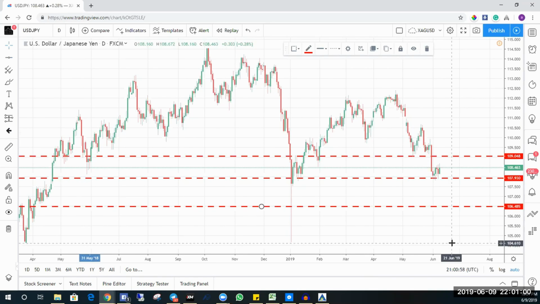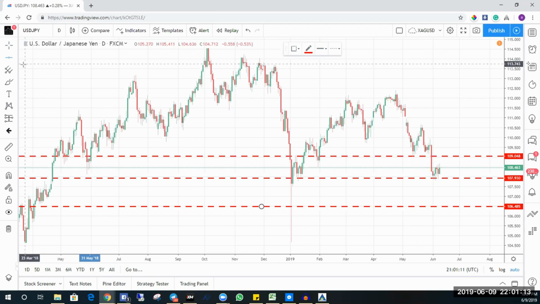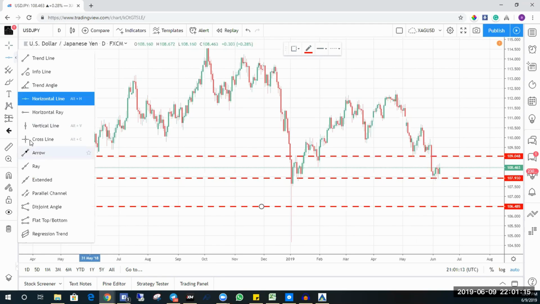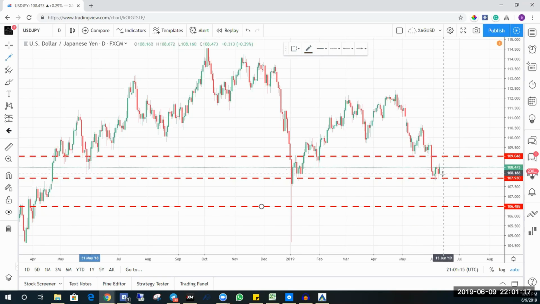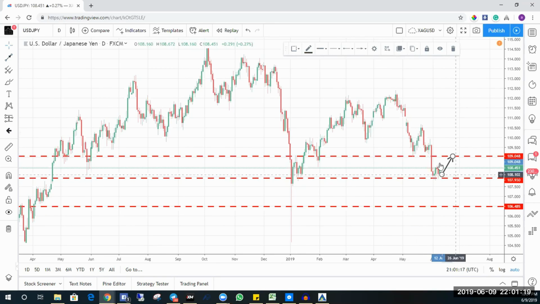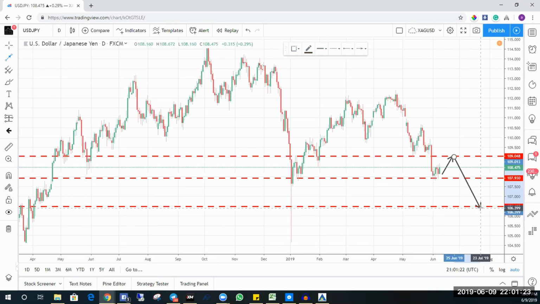So that's for USD/JPY. We expect to go short on this trade. Let's see how we expect that to play out. You could see a push up here and a push down here.